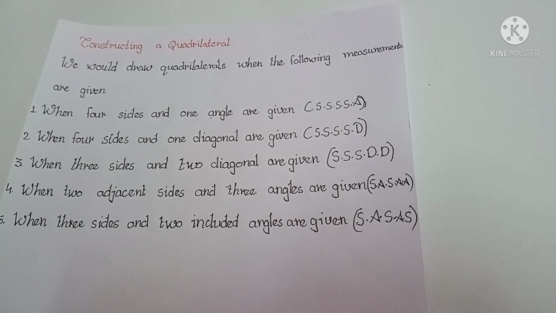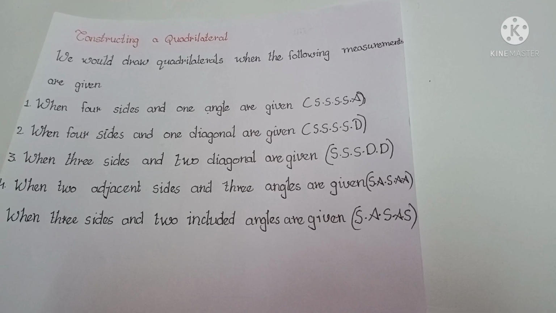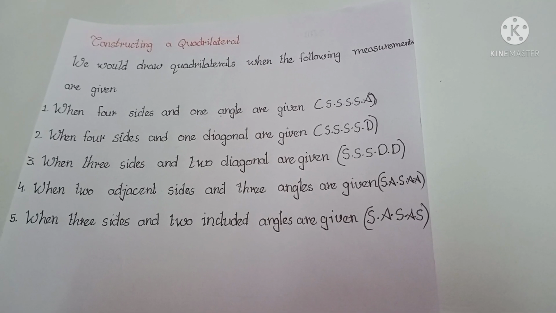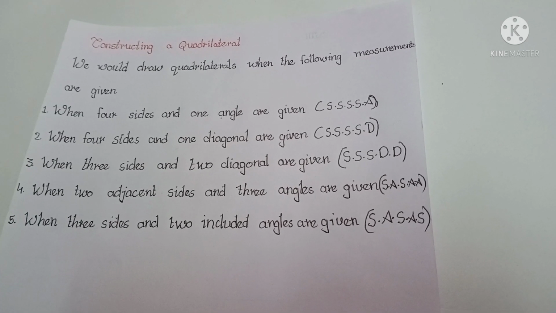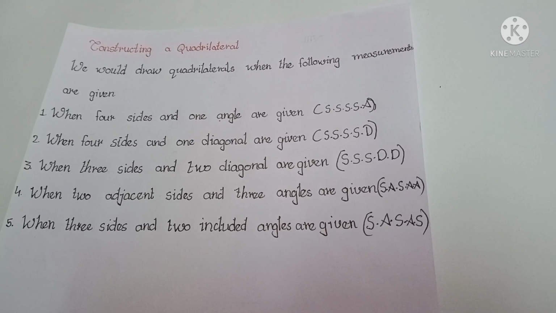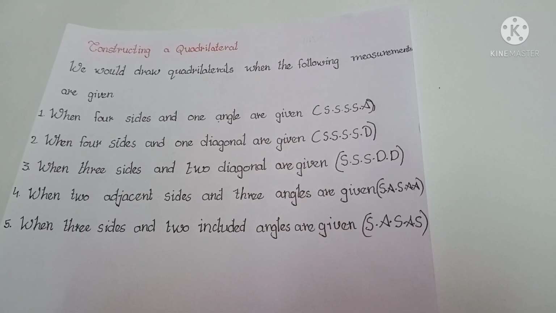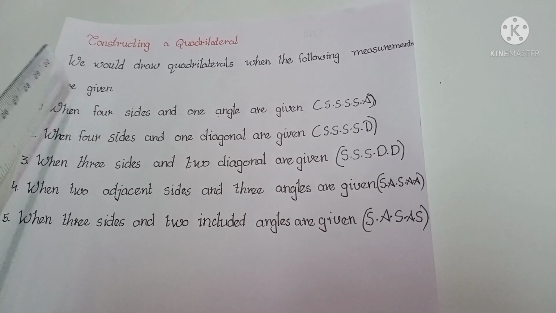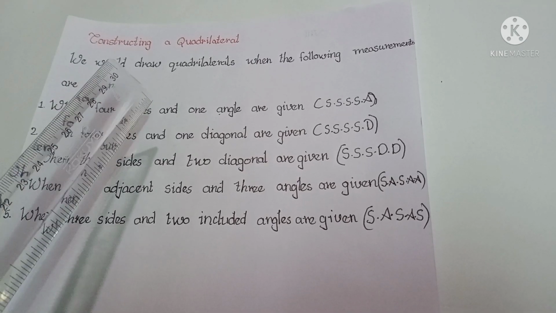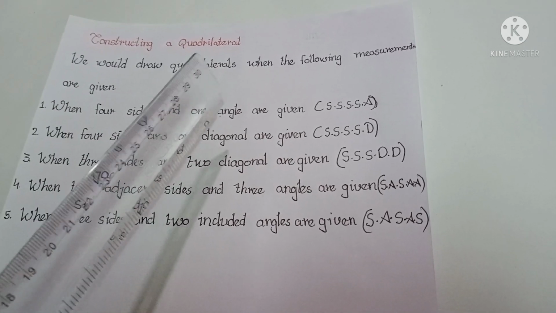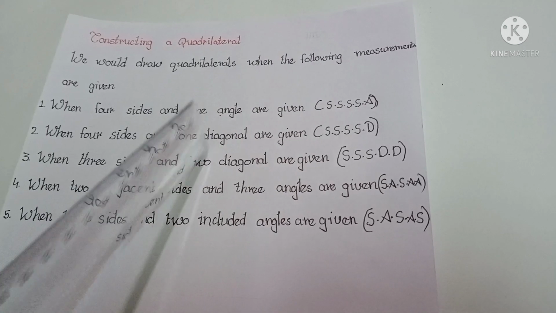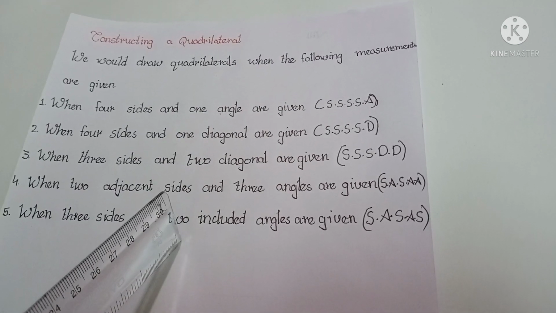Now, quadrilateral. We need 5 independent measurements to construct a quadrilateral. We would draw a quadrilateral when the following measurements are given.